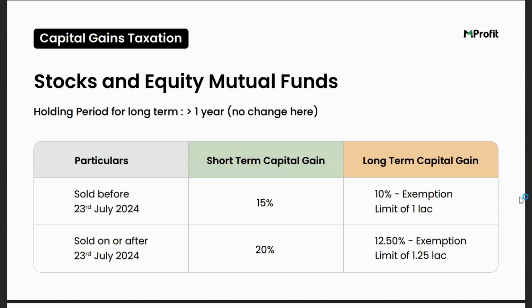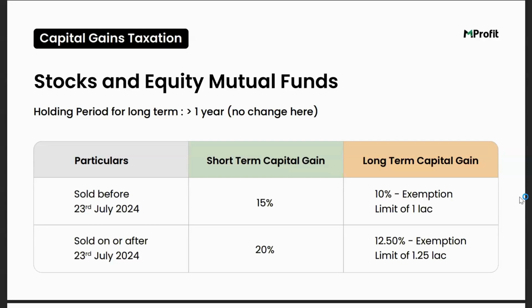And if you have sold after completion of 1 year, but before 23rd of July, the long-term capital gain will be 10%. For equity stocks and equity mutual funds, income tax has provided an exemption limit of 1 lakh. Both these short-term tax and long-term tax rules are applicable if you have sold before 23rd of July.